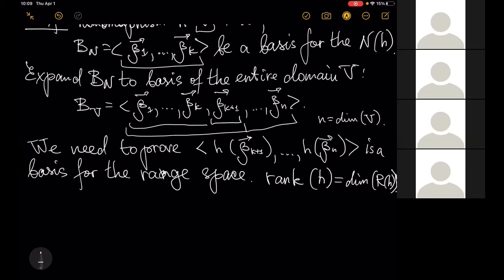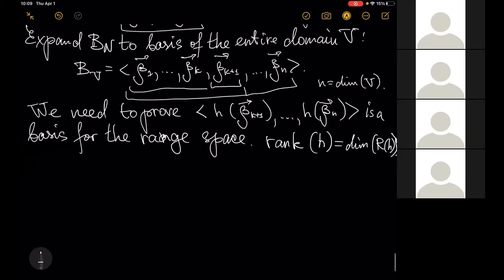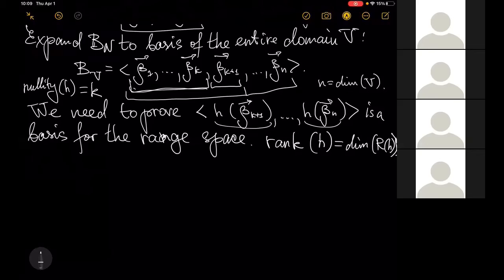Okay, wonderful. So then, counting these k vectors, they form the basis for the null space, right? So the nullity of H is equal to k.